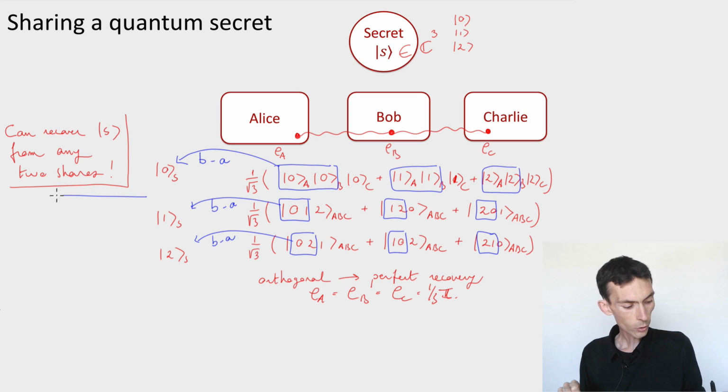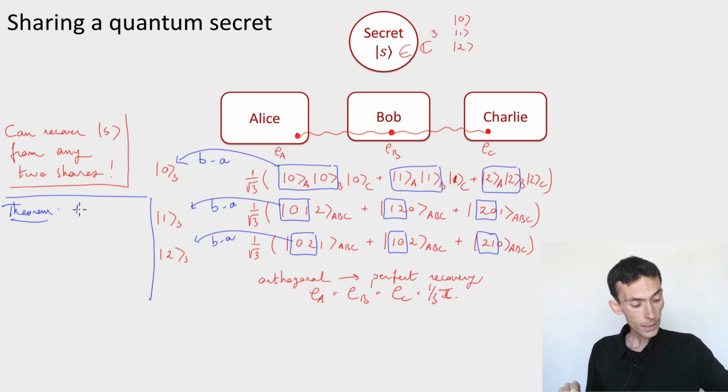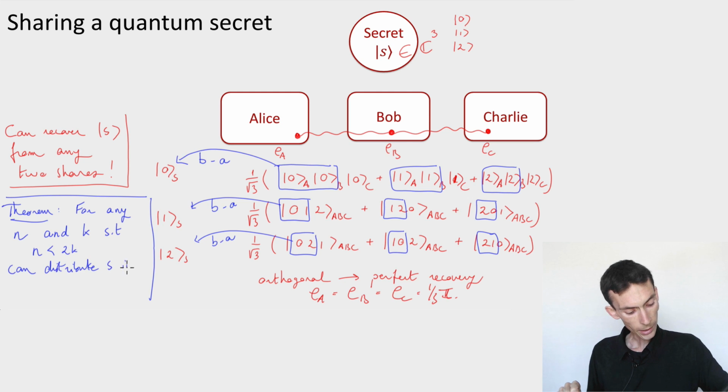The theorem that you can prove is that for any number of parties n and the number of shares k, such that n is strictly less than 2k, you can distribute S in n shares in a way that you can perform recovery from any k.